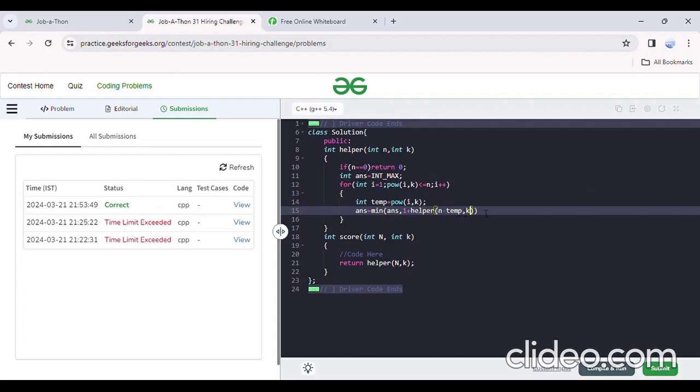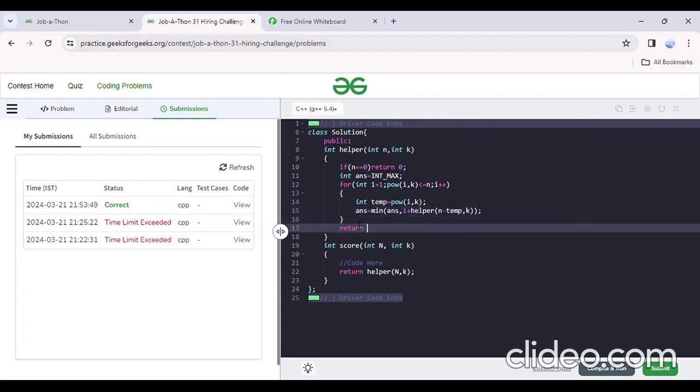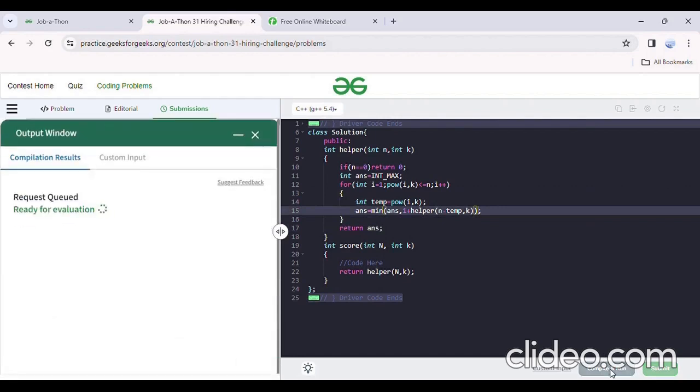Okay, this is our code, and now return answer. My output is 3. My internet is slow today, so now I am submitting this code.